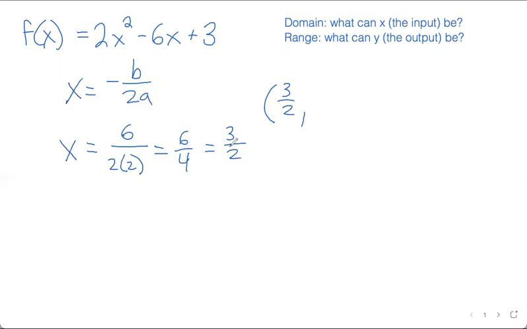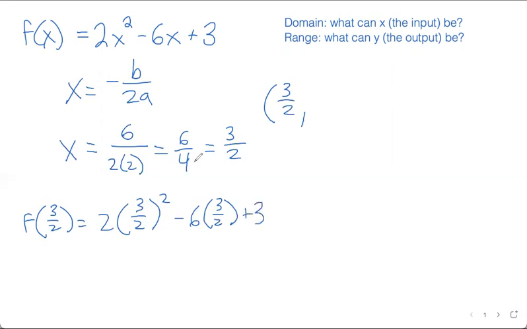Let's find what that actually is. So we're going to take X equals 3/2, plug it in here. So F of 3/2 equals 2 times 3/2 squared. We're just plugging this all in. Minus 6 times 3/2 plus 3. Okay, just some arithmetic to do.